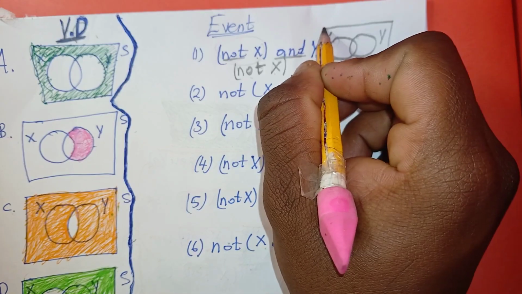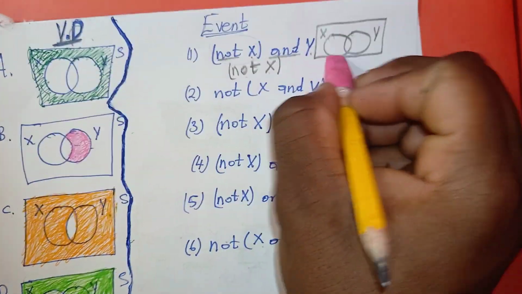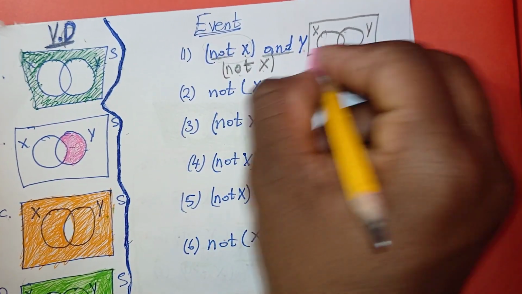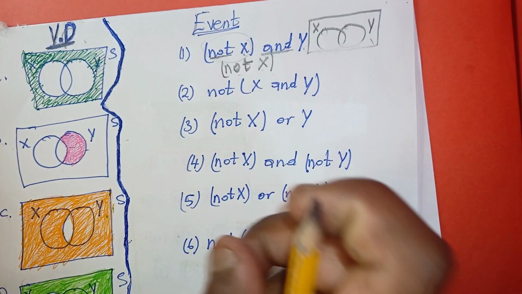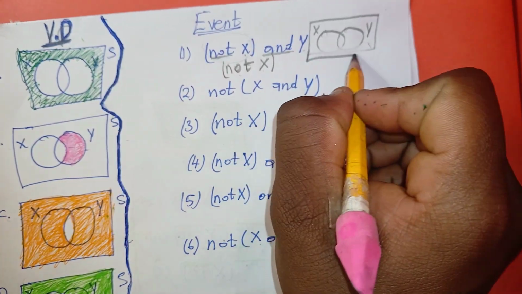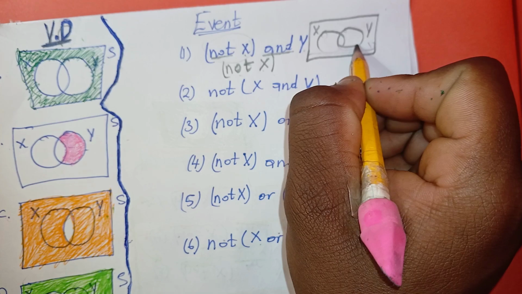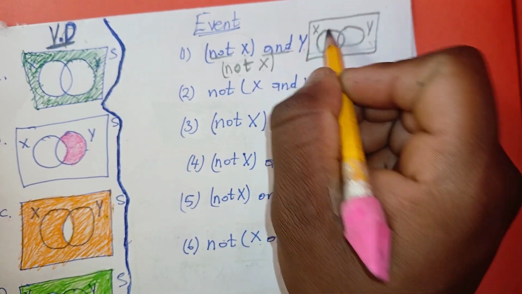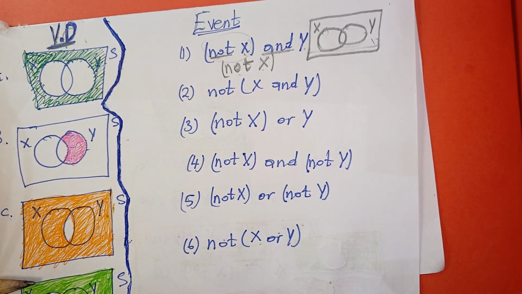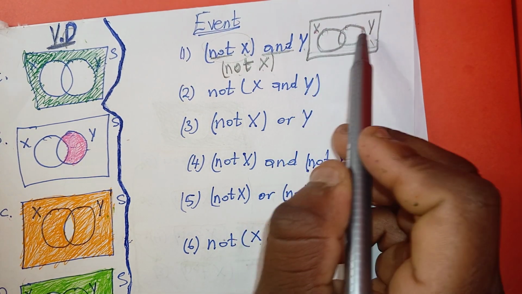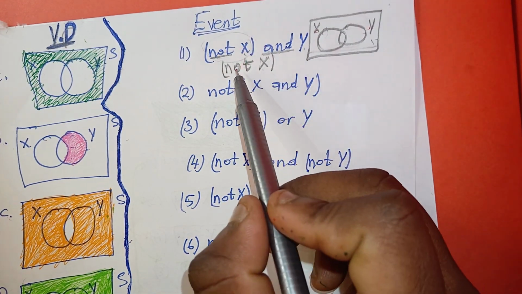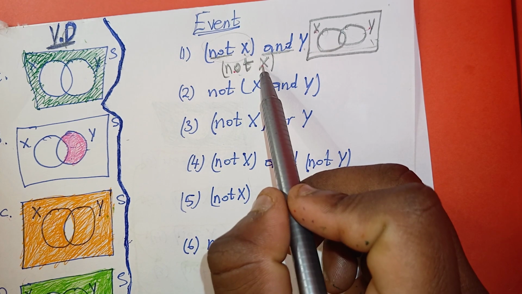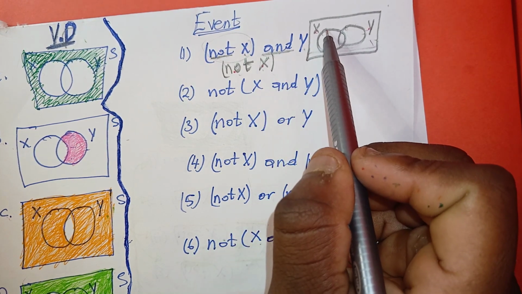Let me erase this. This is your Venn diagram, and it has two events, event X and event Y. When I say not X, do you see this one?